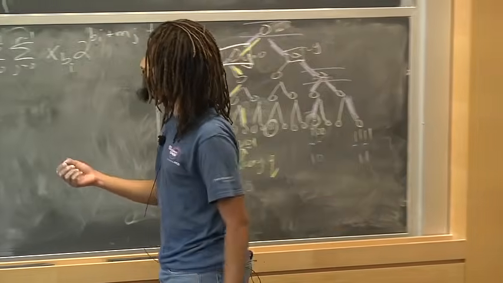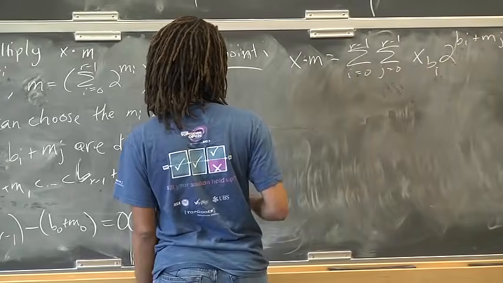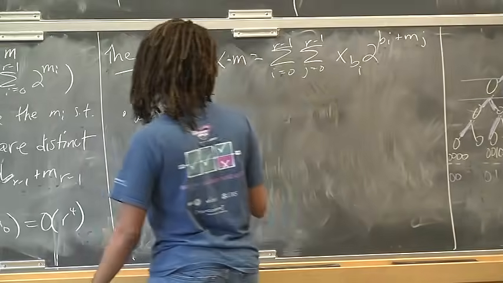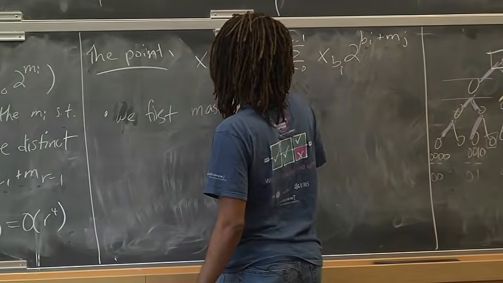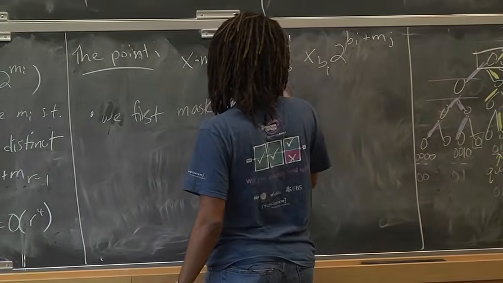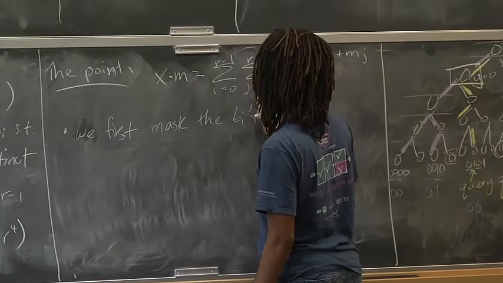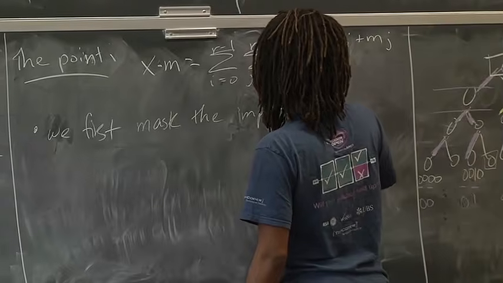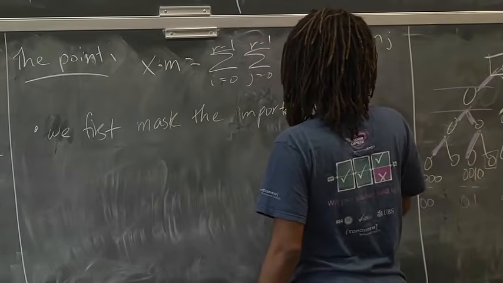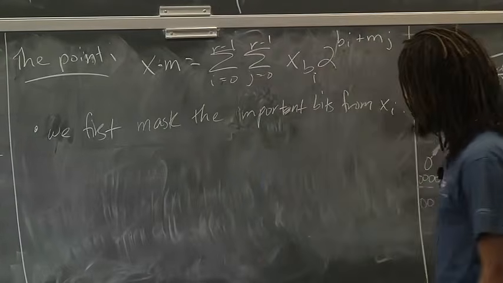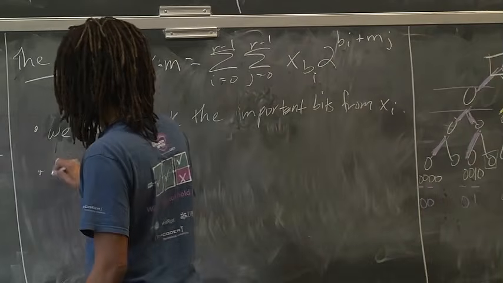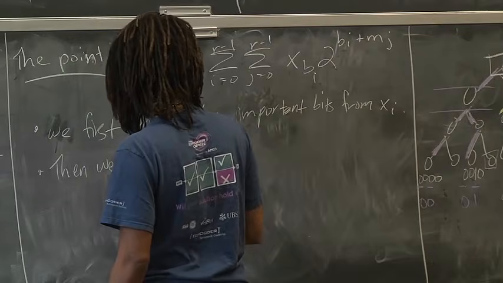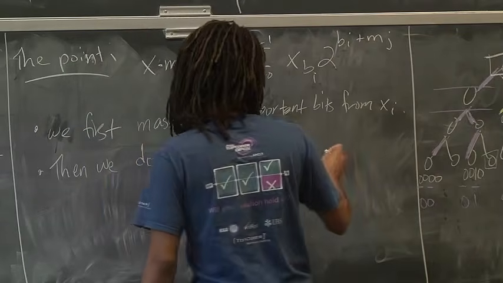So what's the point here? The point is we first mask the BIs, mask the important bits from xi, to get x.